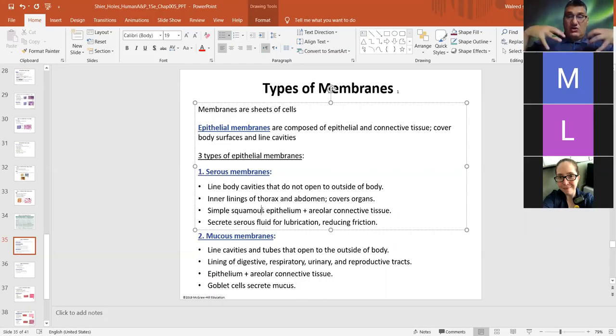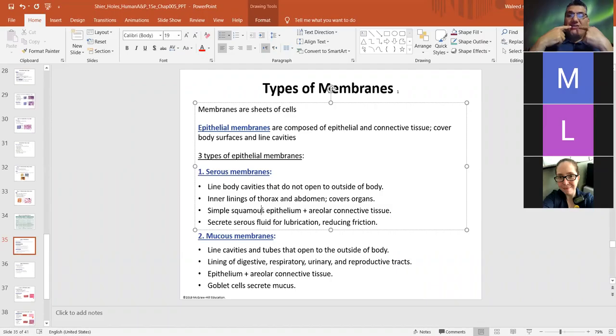If that were the case, your lung would collapse. How about the abdomen? Do you have any opening to the atmospheric air? Of course not. So this is another very important rule: serous membranes line or cover cavities that are not open to the outside.